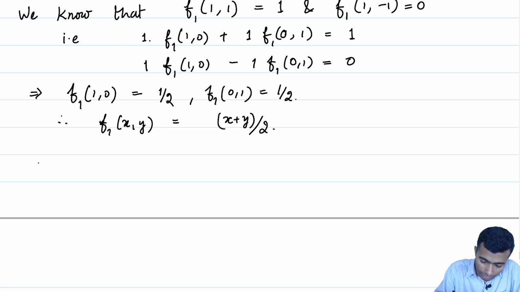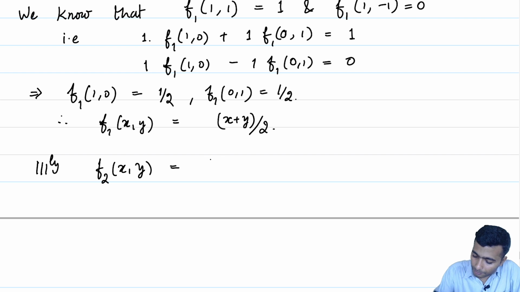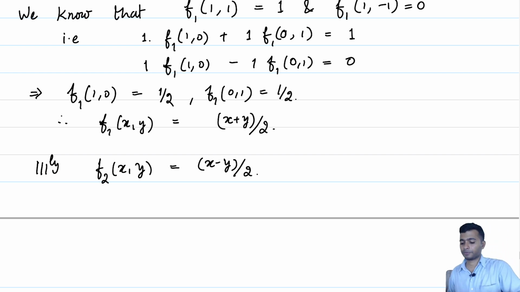Similarly, it is an easy check to see that F2 of (x, y) is (x - y)/2. We have seen something similar already, and you see that many of these things are related. That is why when we consider (1, 1) and (1, -1), we are getting f1 and f2 like this.